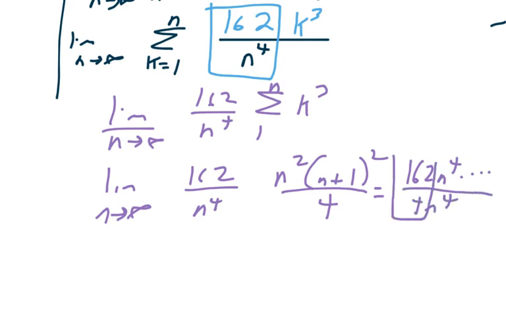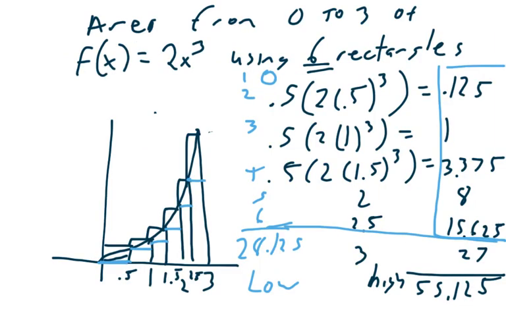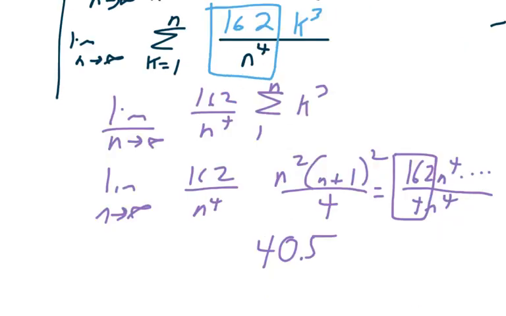And as the limit as n goes to infinity, I wind up with 162 divided by 4, which turns out to be 40.5, which is in between the 28.125 and the 55.125 I got in the last problem.